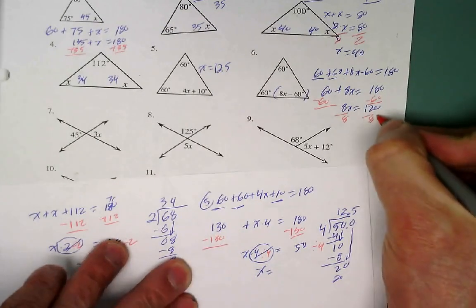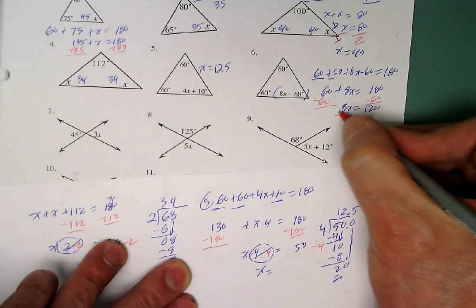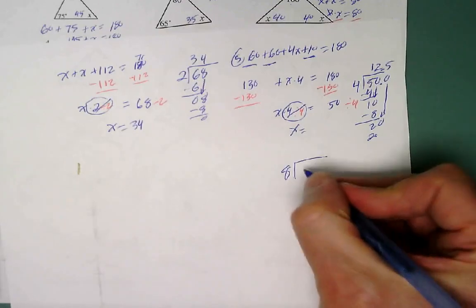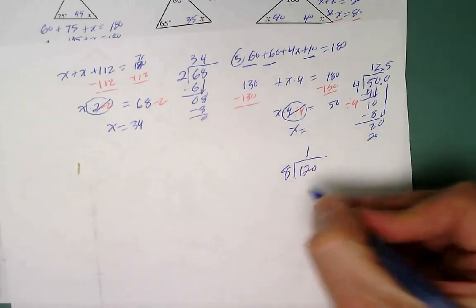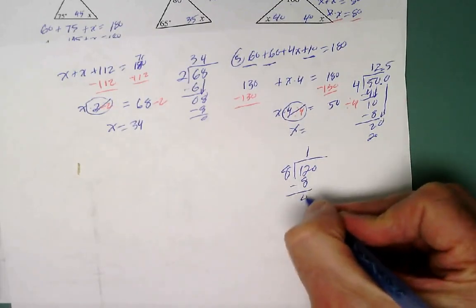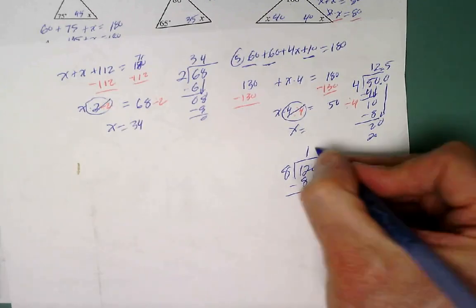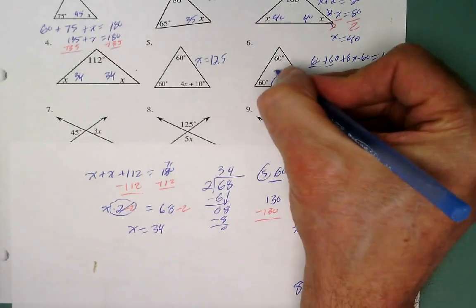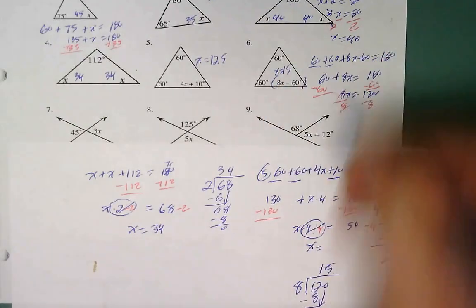So x equals 120 divided by 8. Let's figure out what that is. 8 into 120. Goes into 12 once. Bring down the next number. Goes into 40 5 times. Perfect fit. So on this one, x equaled 15. Okay, that angle was 60.